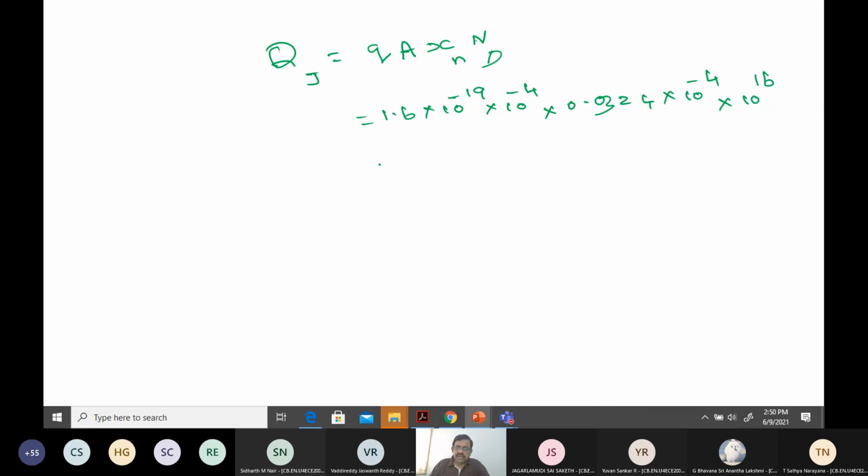When you multiply, this is minus 19, this is plus 16, so you will get 10 power minus 3, and then there is 10 power minus 4, 10 power minus 4, so you will get 10 power minus 11. Now if I multiply 1.6 into 0.324, I will get a value close to 0.5, so it will be close to 5 picocoulombs.